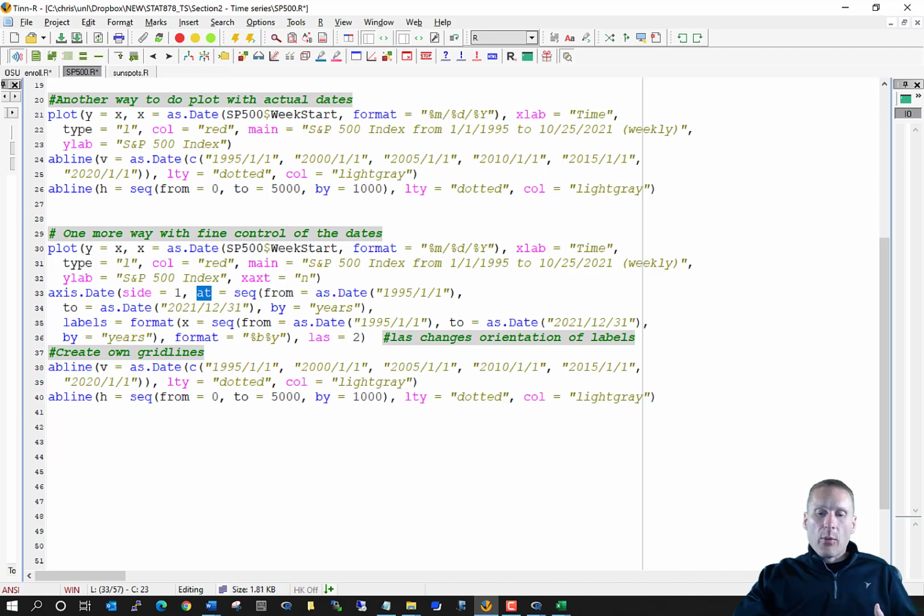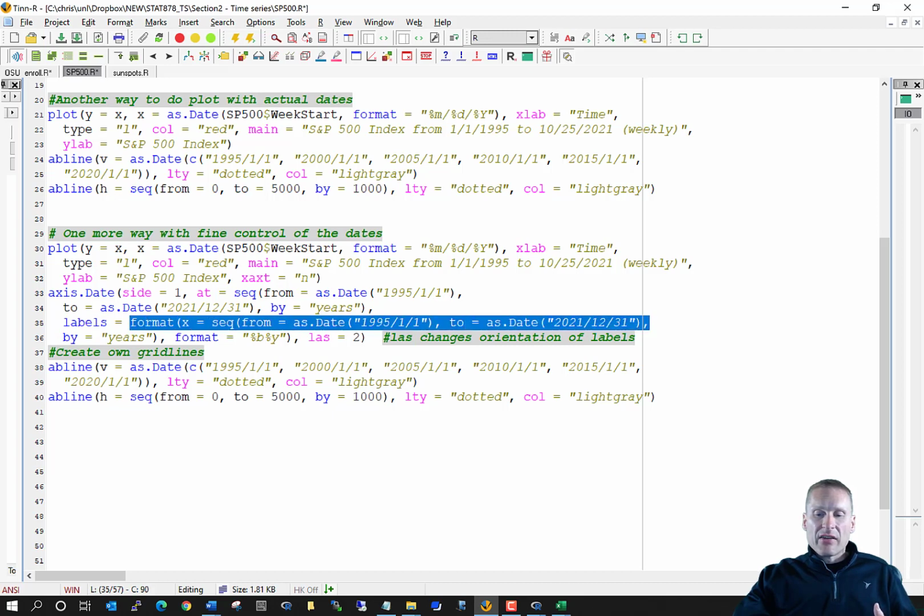I want to put them at January 1st, 1995. That was the first date in my actual data frame, all the way up to December 31st, 2021. So that goes in my to argument. And then I'm going to go by years. With the labels that I want to use, well, I'm going to use a date labeling format.